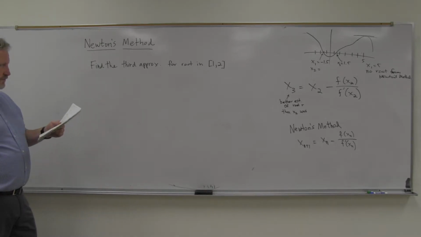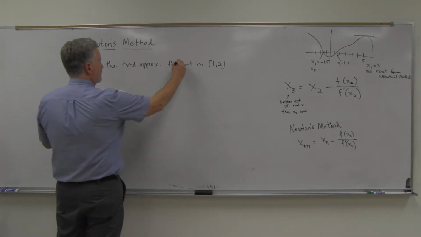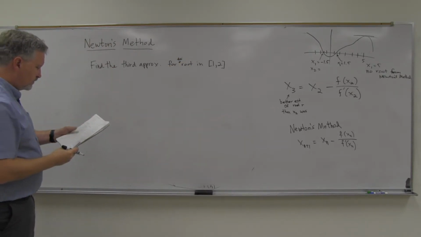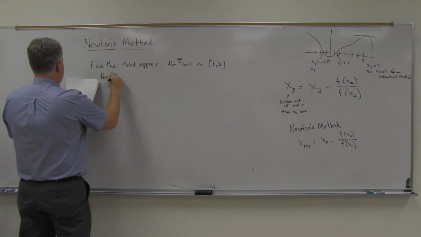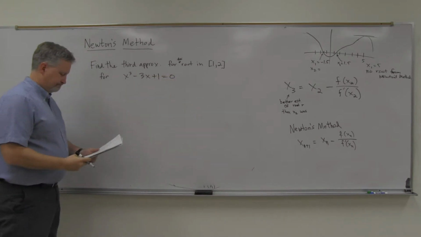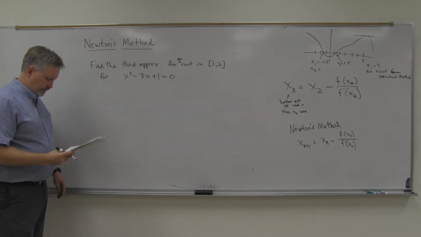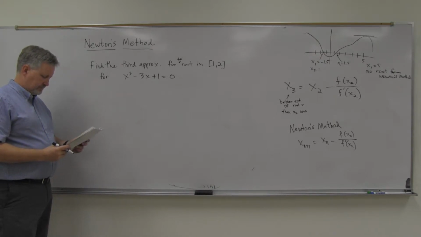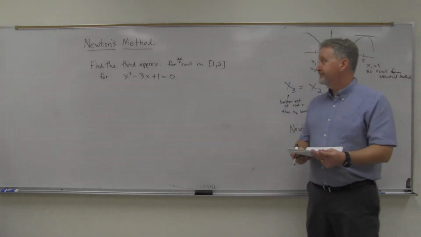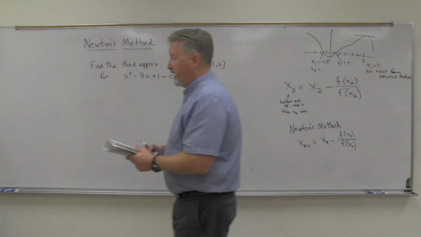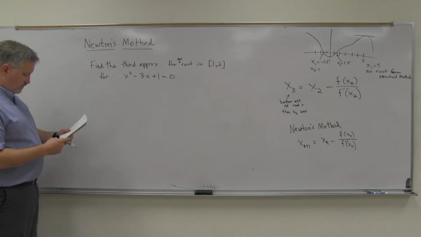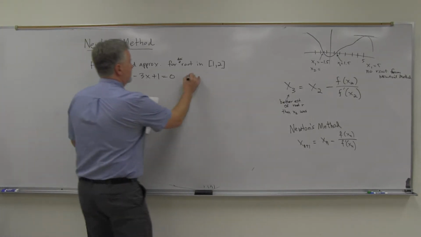Find the third approximation for the root in the interval 1, 2 for the equation x cubed minus 3x plus 1 equals 0, starting with x1 equals 2.